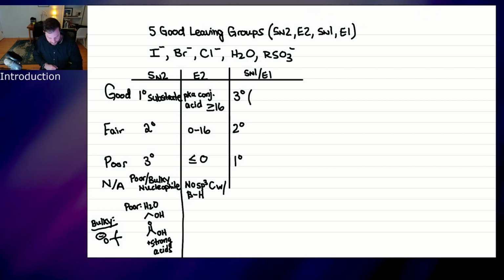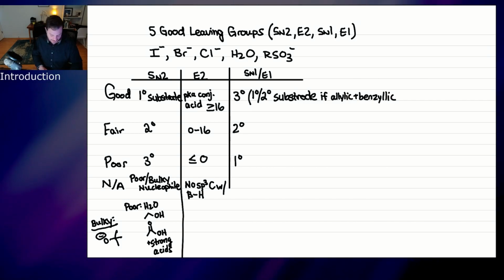So if you have primary or secondary substrates, those can actually be considered good if it's allylic or benzylic, and the nucleophile is neutral.